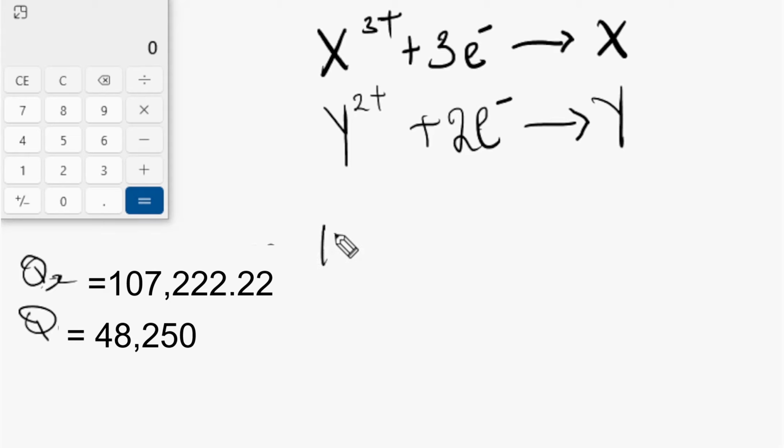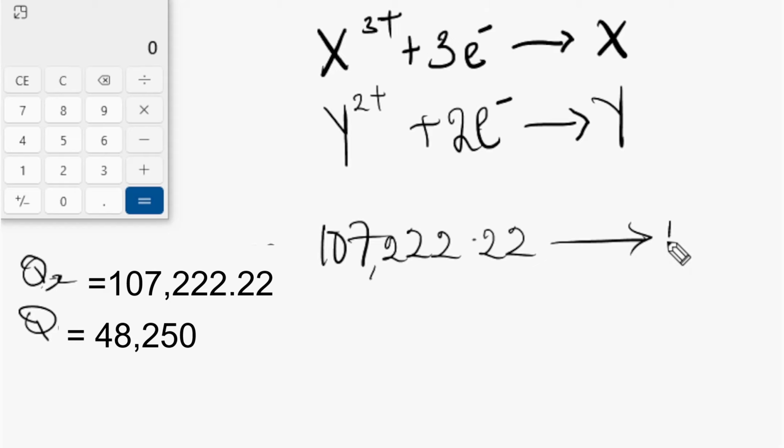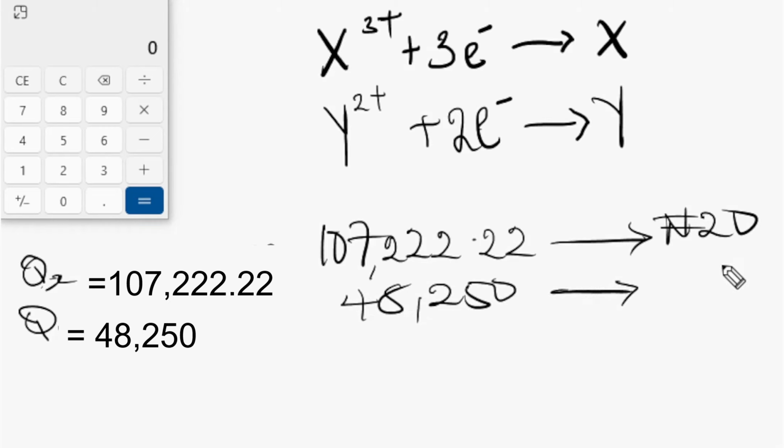So it means that 107,222.22 requires 20 naira. Then 48,250 is going to require how much in naira? So we don't know. So let's call this X now.